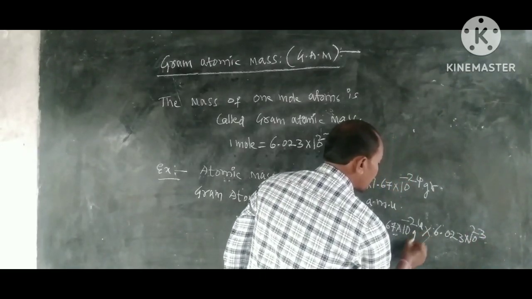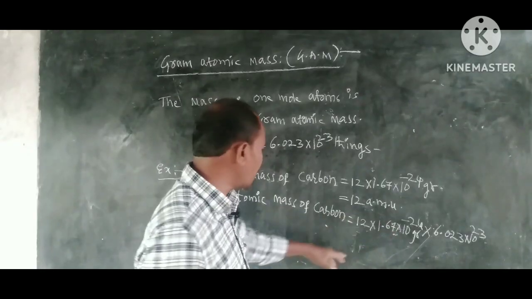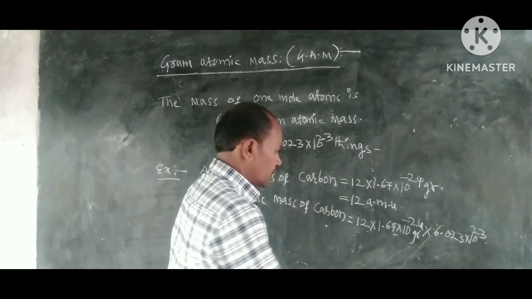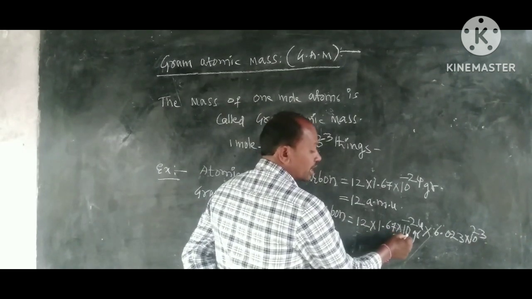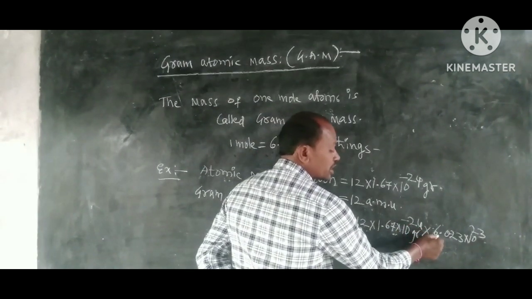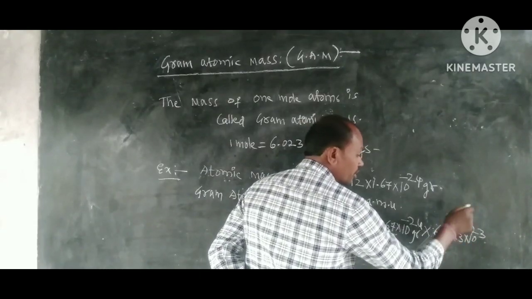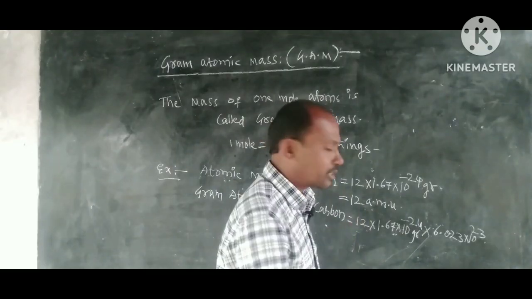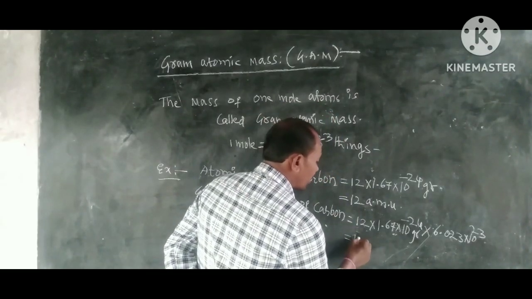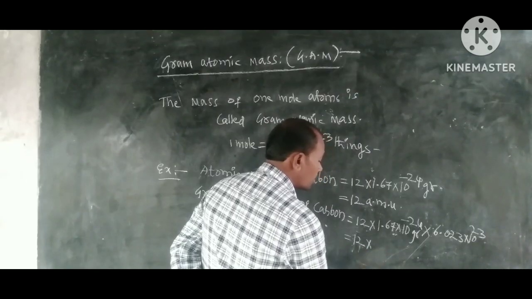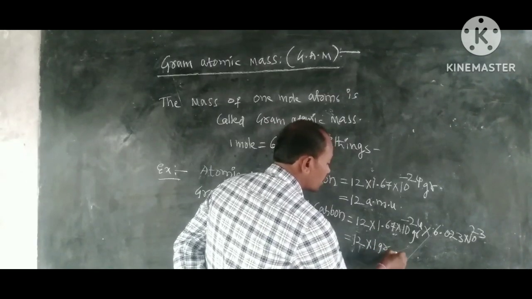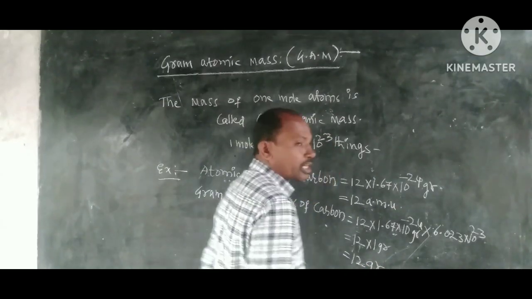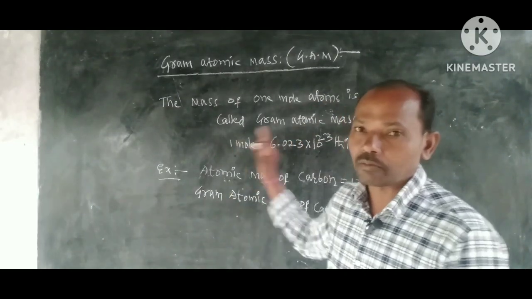So this is in grams. This is the gram atomic mass of carbon. So 1.67 into 10 power minus 24 into 6.023 into 10 power 23 is nearly equal to 1 gram. So that is equal to 12 into 1 gram, so that is equal to 12 grams. So that is the gram atomic mass of carbon.